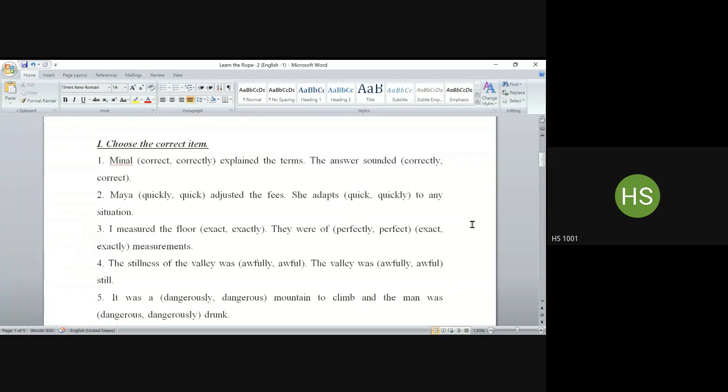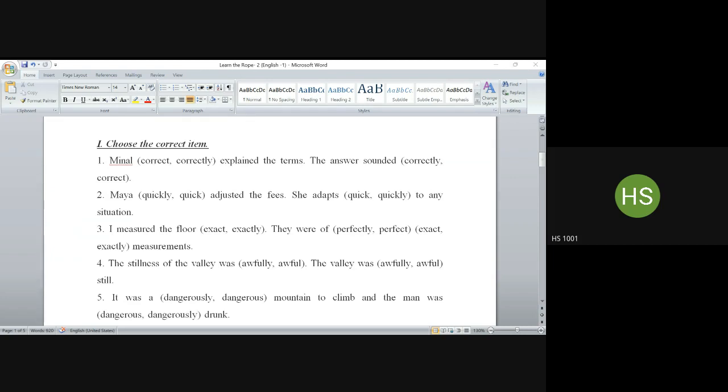It answers the question how. How did the action take place? So it's not a process, it's the way or the manner in which it has been done. Process is a different word.